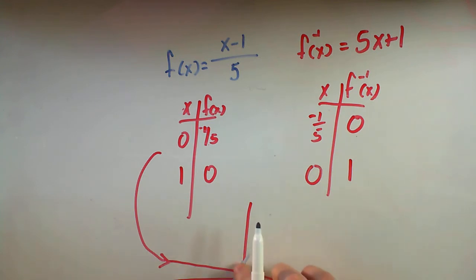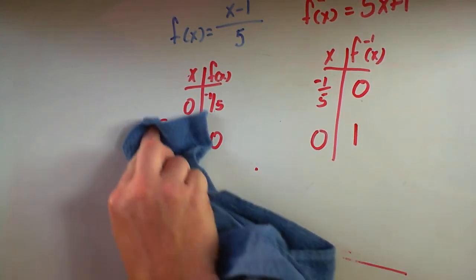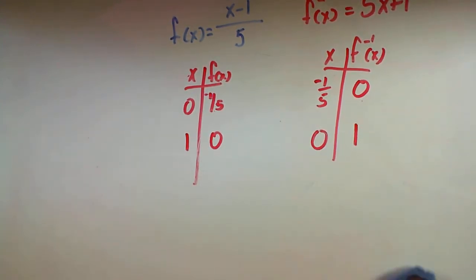The two graphs themselves are symmetric about the line y equals x. That was a bad graph. I'm going to regraph that for you real quick so I don't have to do any video editing. I'm just going to regraph it.